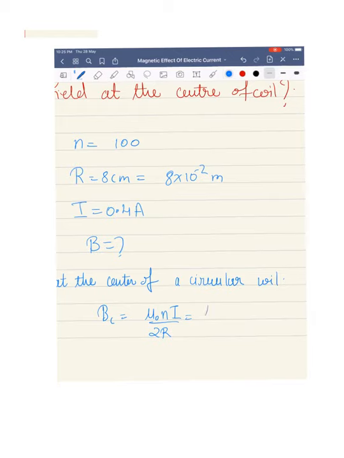So mu naught value is 4 pi into 10 raised to minus 7 and we'll calculate it. Okay, you can also calculate simultaneously.